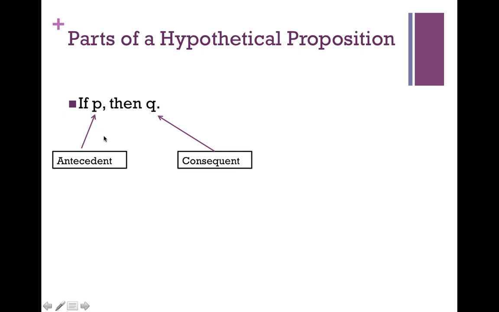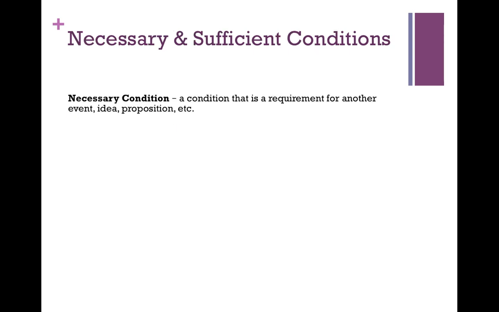Now, there's a whole lot we can say about hypothetical propositions, and what I'm about to talk about, I hope isn't terribly confusing. But it's something I think will be important if we can keep matters straight. Whenever we talk about hypothetical propositions, it's not long before we start having to talk about what we call necessary and sufficient conditions.